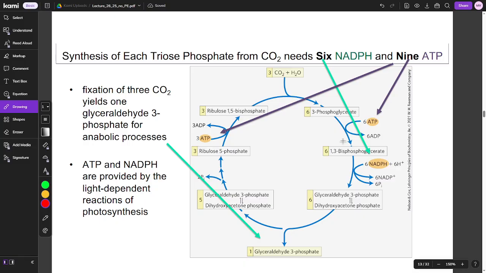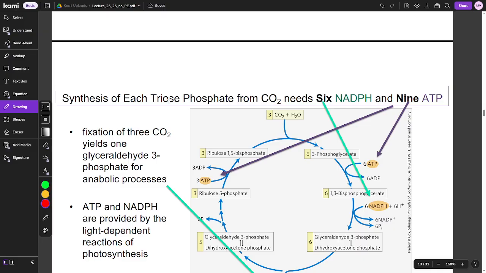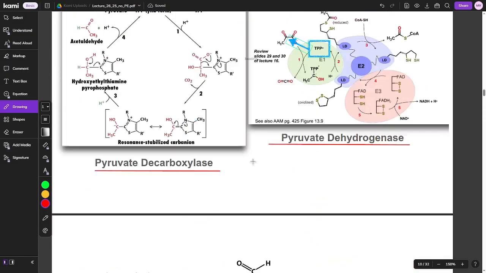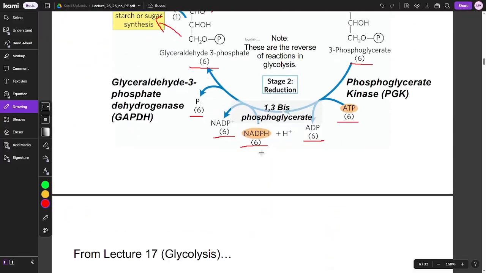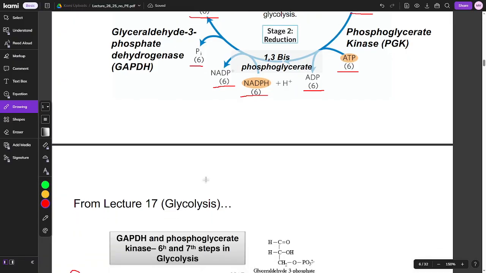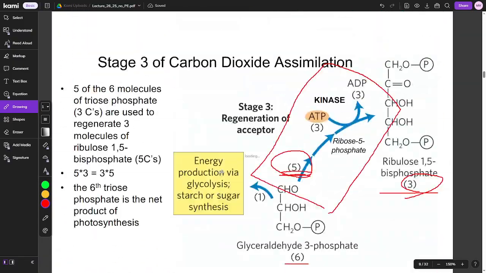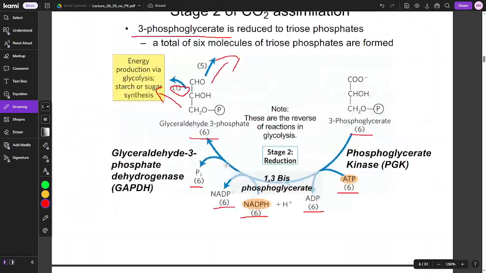So I've already talked about this before, but essentially, the synthesis of this extra triose phosphate, this one triose phosphate that gets released out to become a sugar, right? This one requires, where is the full cycle?